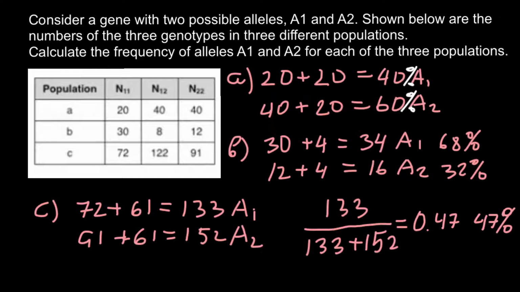If we know the frequency of the A1 allele, we can say that the frequency of the A2 allele would be 53%, because we have only two alleles. If one allele makes 47%, we instantly know that the frequency of the A2 allele is 53%.